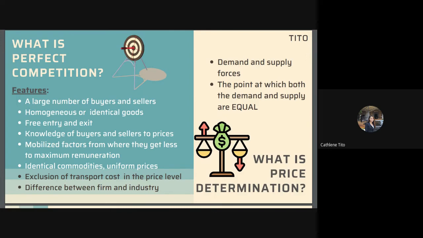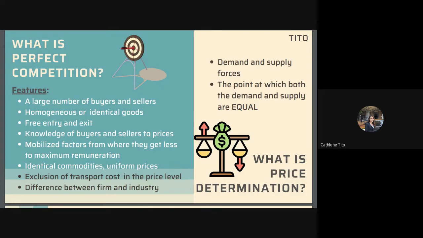And the last feature is the difference between the firm and the industry. Under perfect competition, there is a difference between the two. The firm is a production unit, while the industry is a group of production units, or in short, a group of firms. So moving on, we now go to price determination.